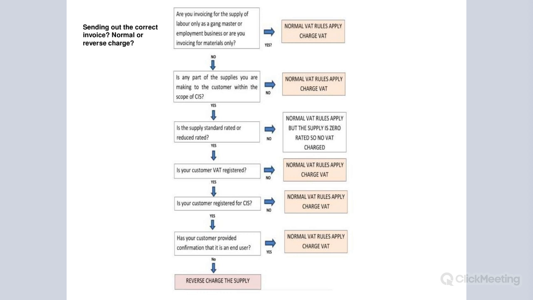Whenever you have a doubt, go back to the flowchart, start at the top and work through the questions carefully. The revenue have always agreed that if you use the flowchart properly, you shouldn't make a mistake, but if you do, they'll honour it because you were trying your hardest.